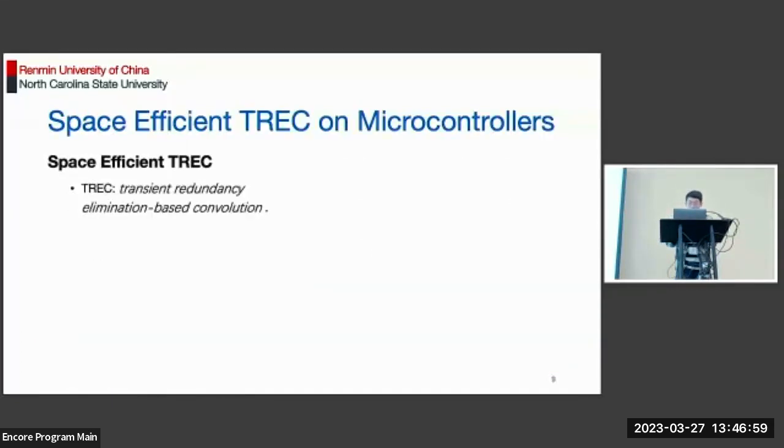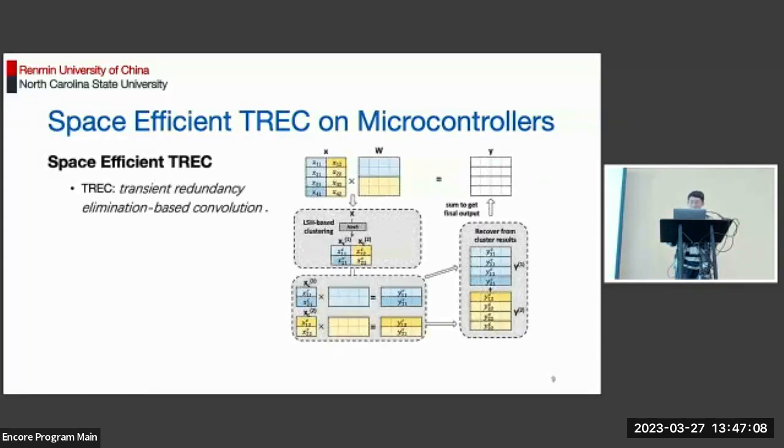In our work, we propose a new approach, space-efficient TREC, to substantially improve the state of the art of DNNs on microcontrollers. TREC stands for Transient Redundancy Elimination-based Convolution. Its key idea is to identify similar elements in the input data of the convolutional layer and avoid repeating similar computations on the fly.